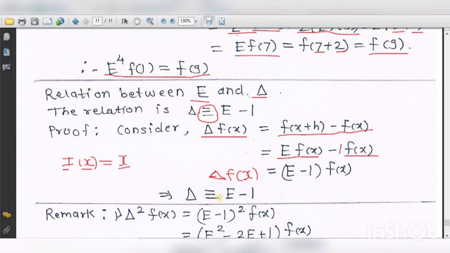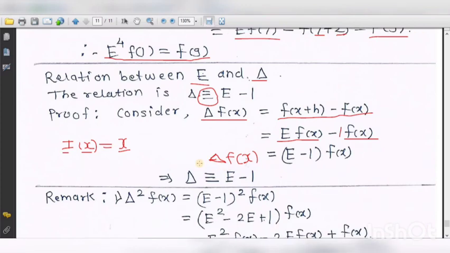Equating the operators, delta is equivalent to E minus 1. This is a very important relation between E and delta, which you have to remember. You can add and subtract it. If I want to write the value of E, then E is delta plus 1; this 1 I can take to this side. These operations you can do like in numbers, but you have to keep in mind that these are operators.